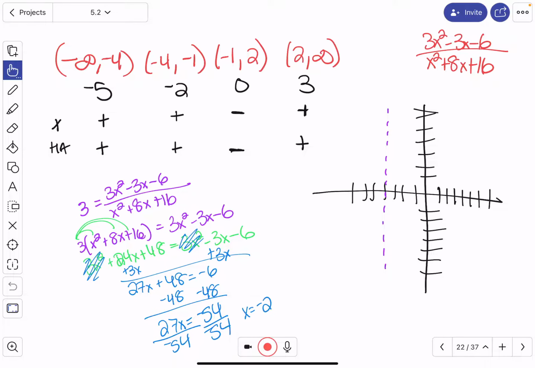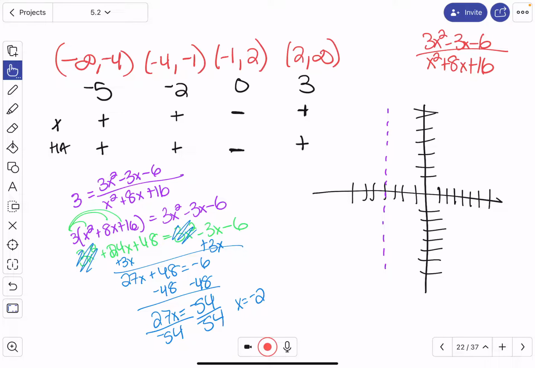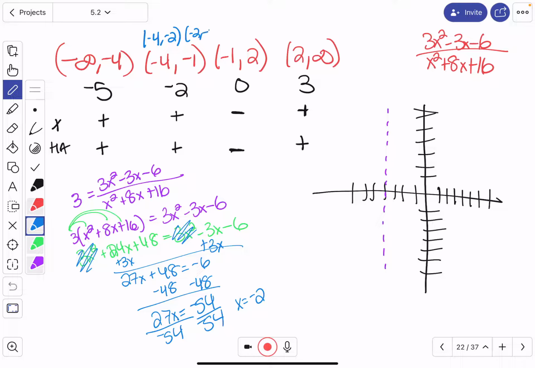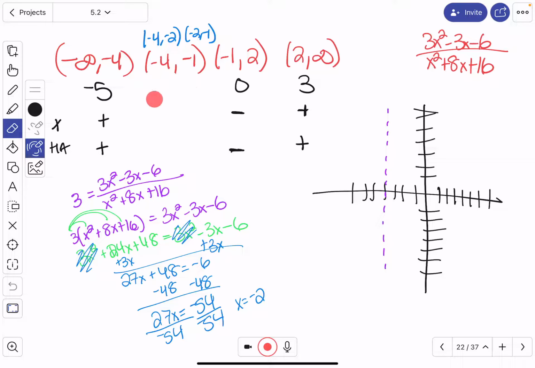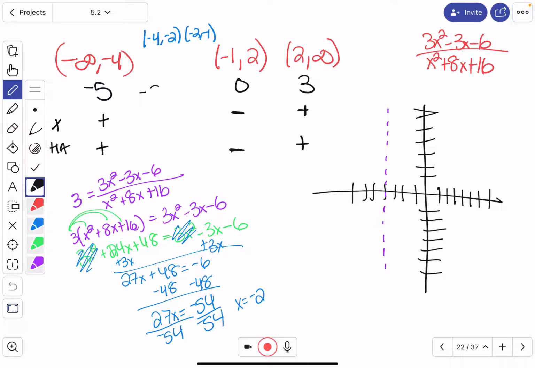So if x equals -2, I need to test another point in here. So I'm actually going to break this into -4 to -2 and -2 to -1. So we can test -3 and -1.5.